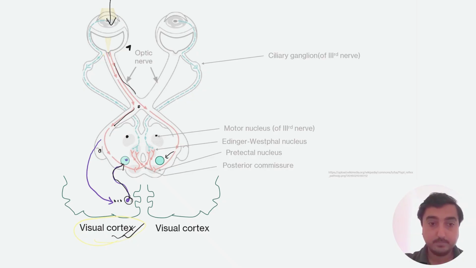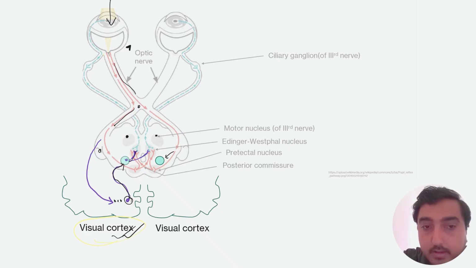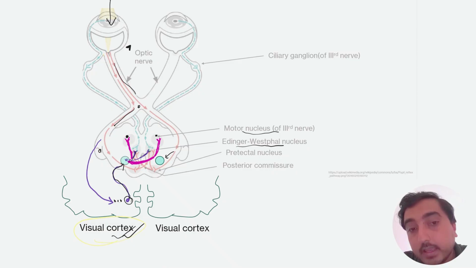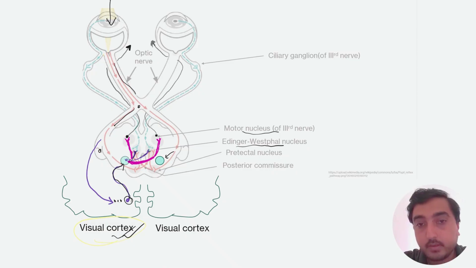And once in the midbrain, from these nuclei come other neurons that cross bilaterally, as you can see over here. They cross bilaterally to reach the Edinger-Westphal nucleus, and then they cross bilaterally to reach the motor nucleus. So they are supplying both the nuclei in the midbrain.